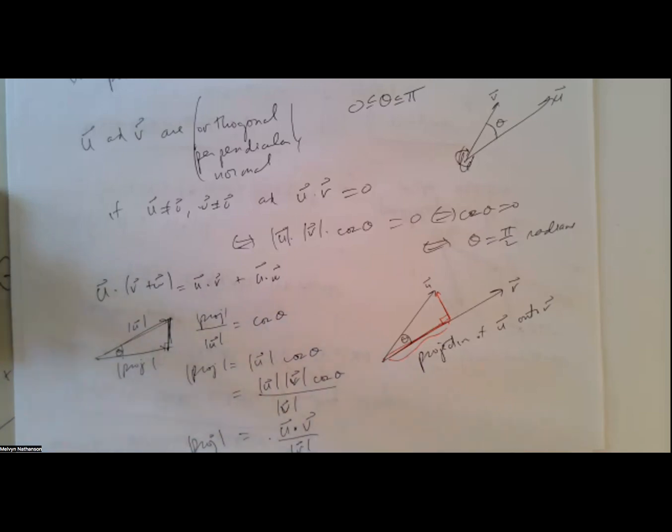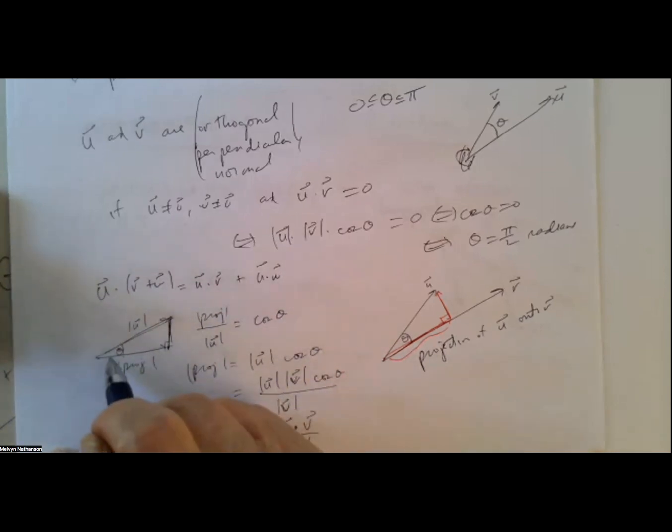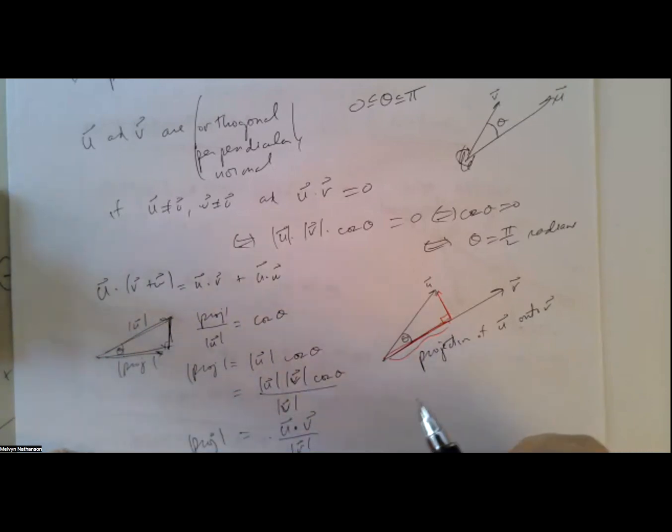But this is a vector in the same direction as V. So what is a good way to write this?